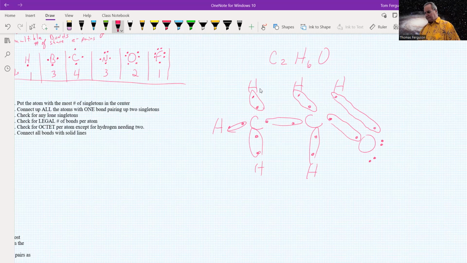No lone singletons. Check for legal number of bonds. Carbon needs 4 bonds; the middle two carbons each have 4 bonds. Oxygen needs 2, and it has 2. Octet-wise, carbon needs 8: 2, 4, 6, 8. Oxygen needs 8 also: 2 bonds is 4, and 2 pairs, 4, 6, 8. So rules 4 and 5 are met, hence it's a legal structure.